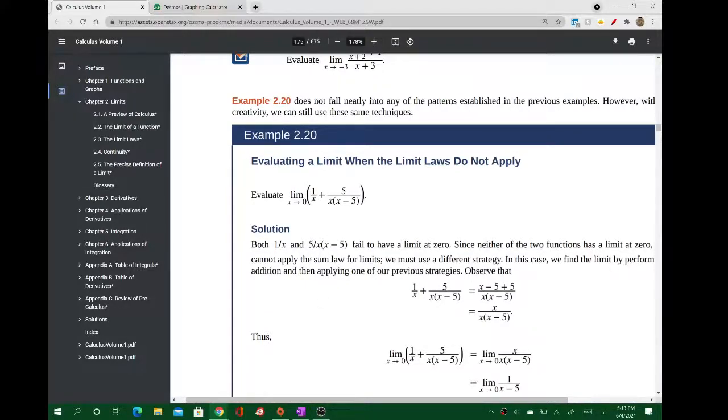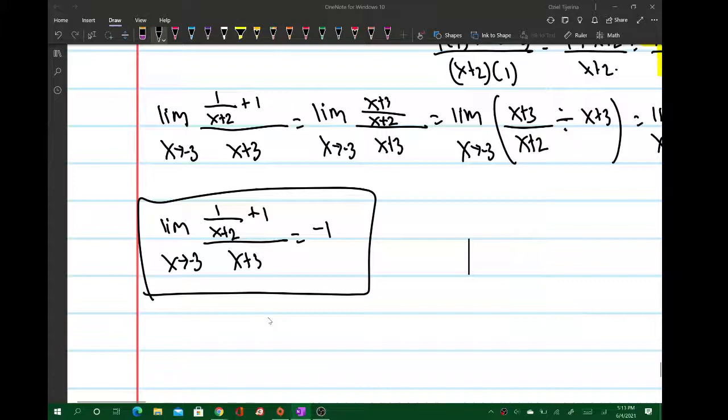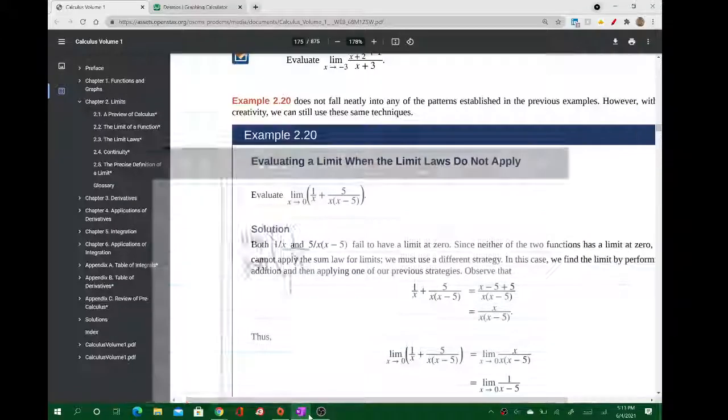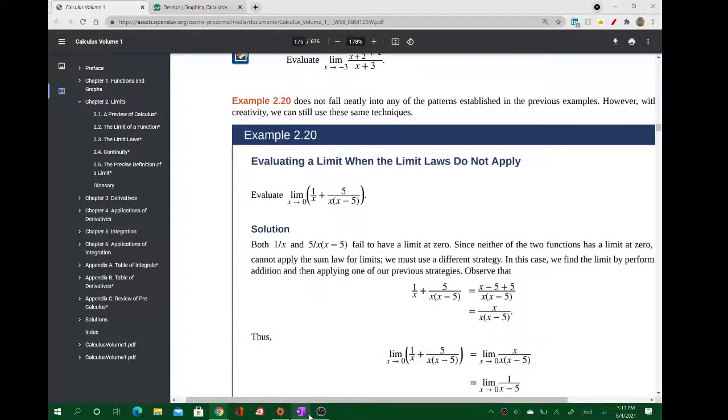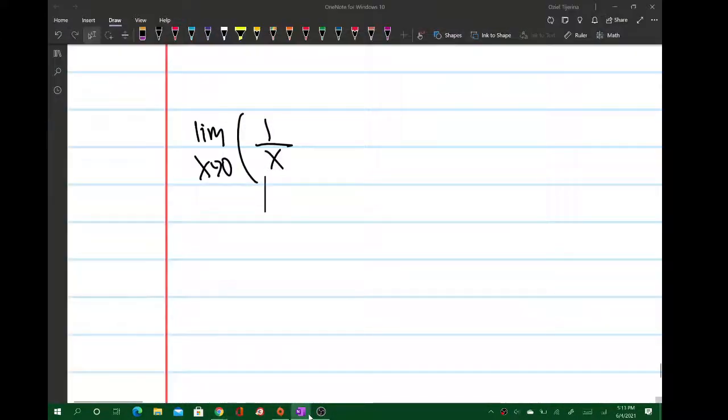Okay, so this one says the limit as x approaches 0 of the following: 1 over x plus 5 over x times x minus 5.